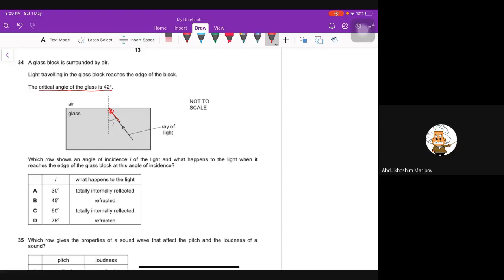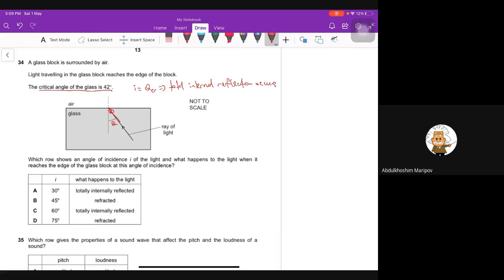When the angle of incidence equals the critical angle, total internal reflection occurs.